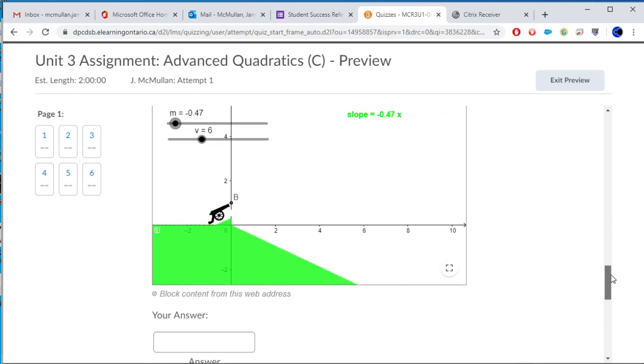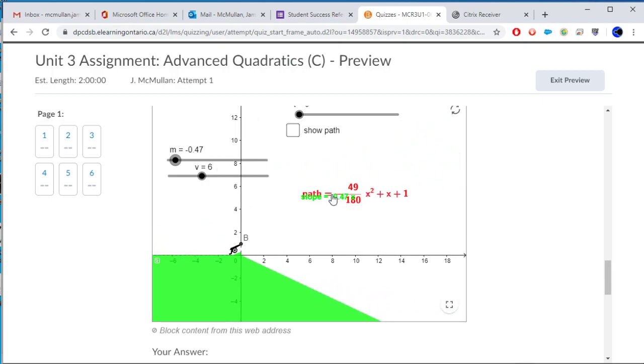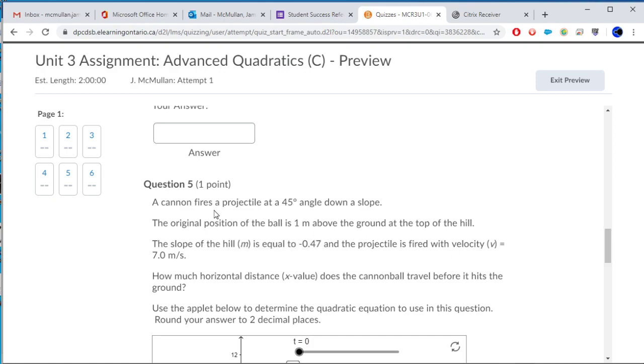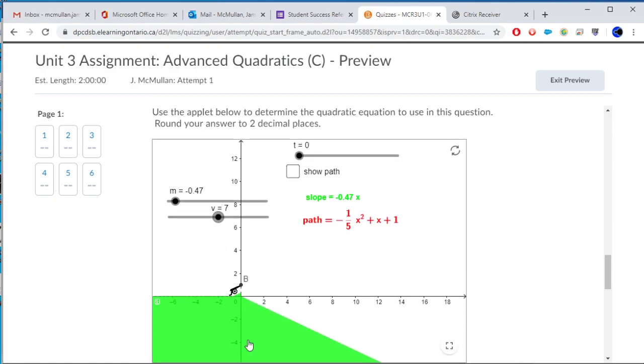So my hill is pretty steep, right? I'll zoom this out a bit so we can see better. Okay, so the cannonball gets shot, it follows this path, and then it hits the ground somewhere over here. Now my cannonball was also fired with a velocity of 7, so I'm going to change the velocity to 7. So you see, the information in the question, you just plug into the applet, and the applet will figure out the equation for you.